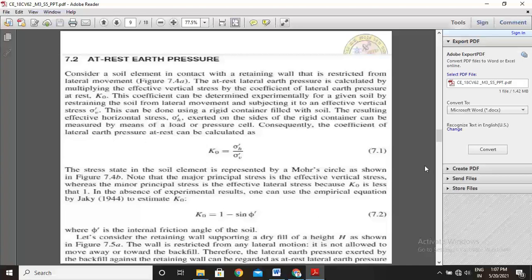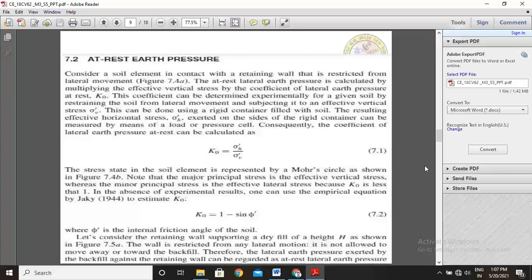This coefficient can be determined experimentally for a given soil by restraining the soil from lateral movement and subjecting it to an effective vertical stress sigma dash v. This can be done using a rigid container filled with soil.